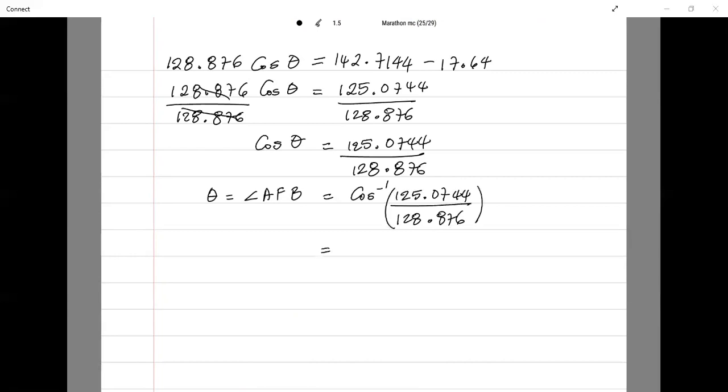All I have to do is put this in a calculator: shift cos, open bracket, 125.0744 divided by 128.876, close bracket, and we get this angle is 14.0 degrees to 3 significant figures.